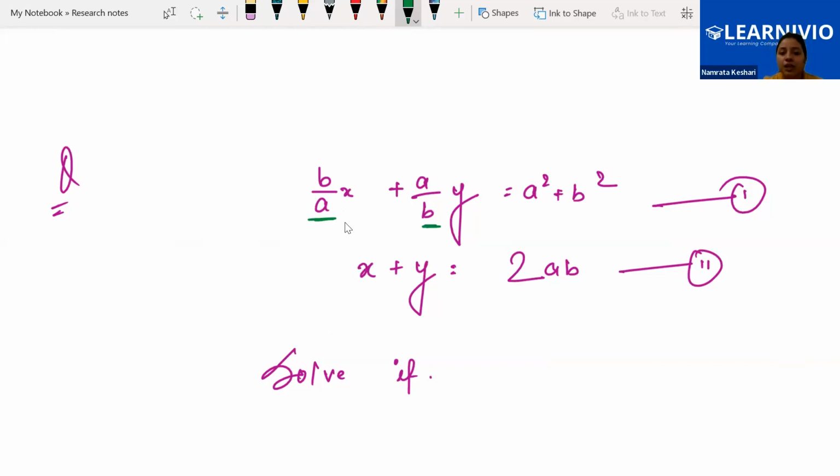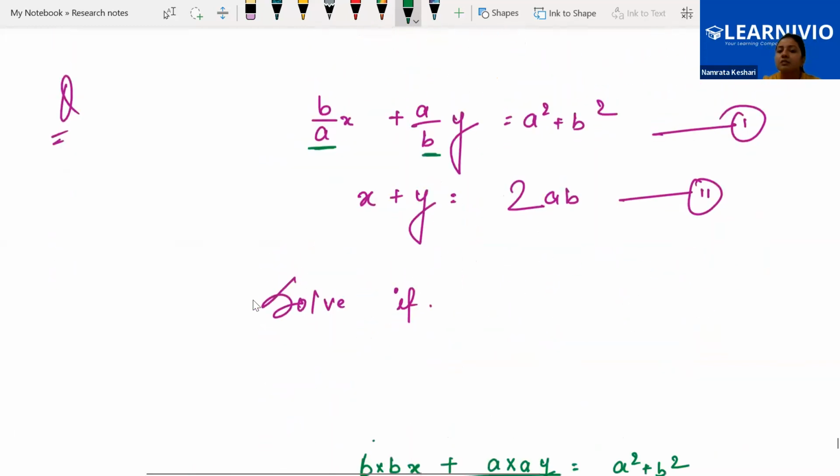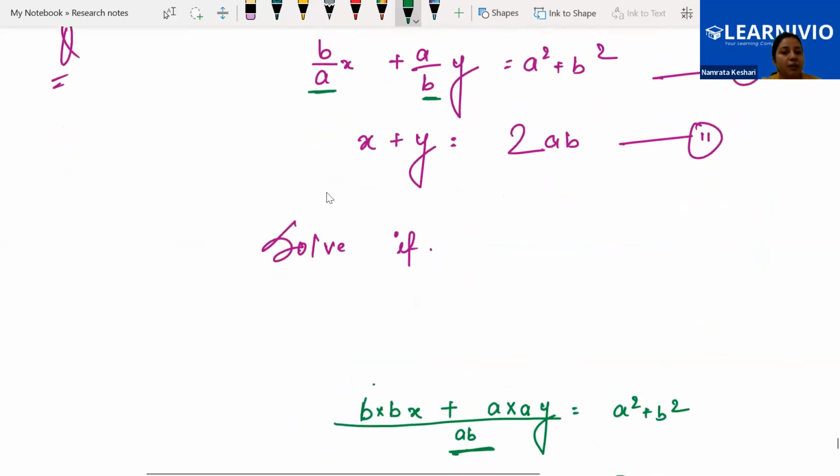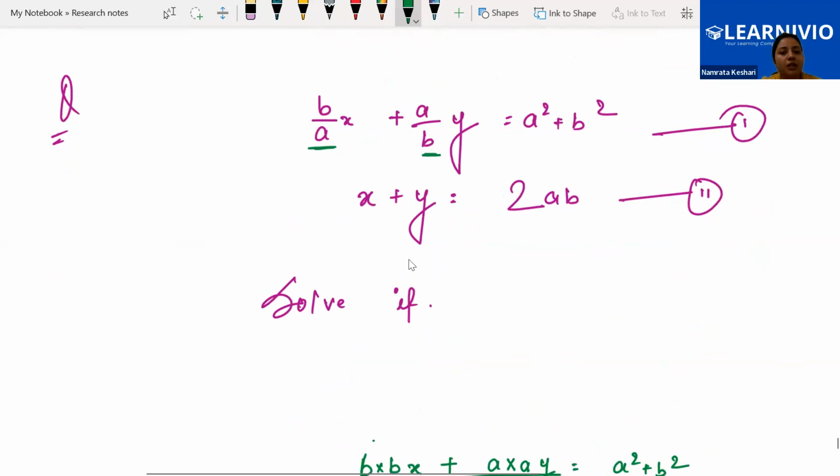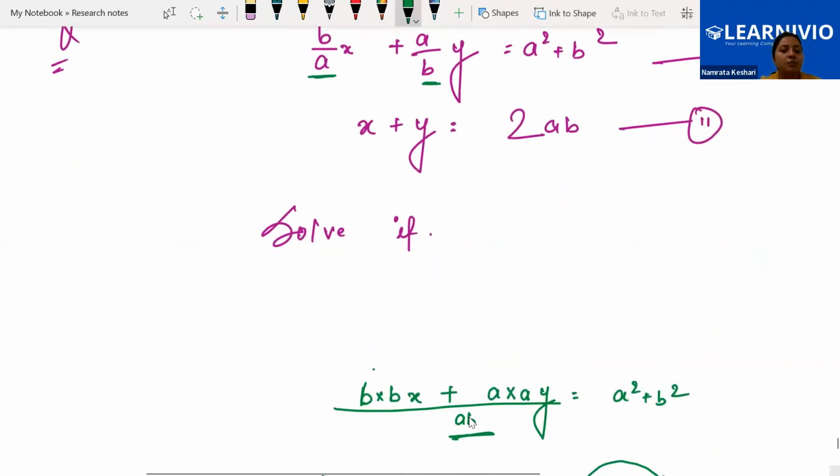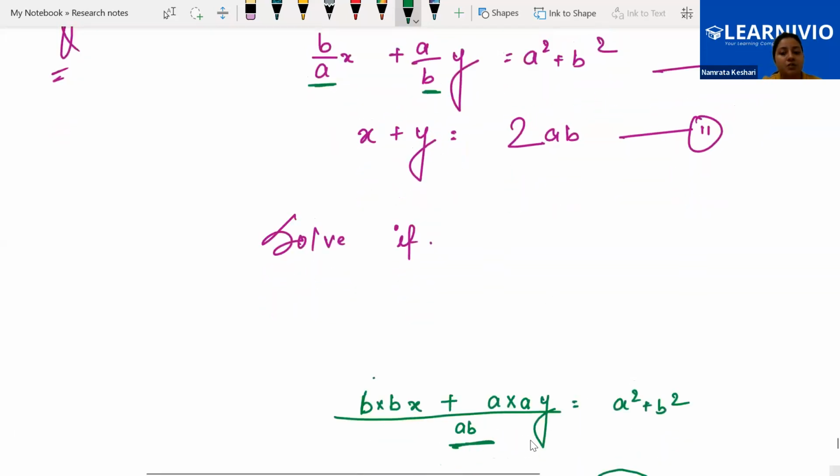The way we solve a normal question where we have a fractional number like 3 by 4, 5 by 7, same way we tried doing this one by taking out the LCM. We have taken the LCM of the denominator, that became ab. Now the numerator became b square x plus a square y, and the other side will be just a square plus b square as it is.